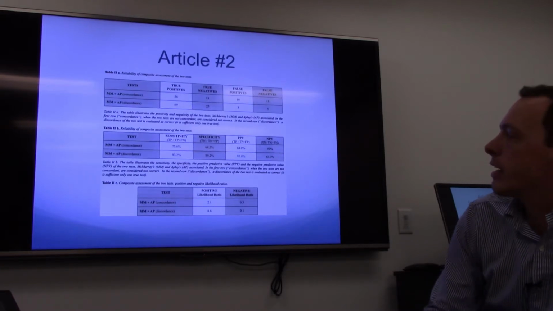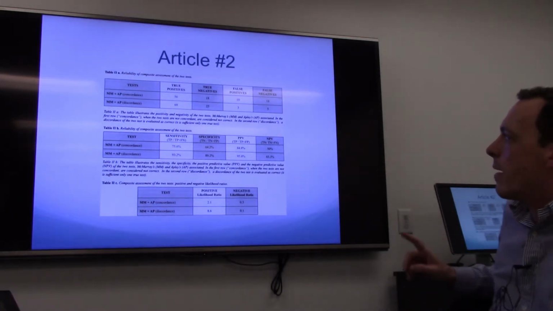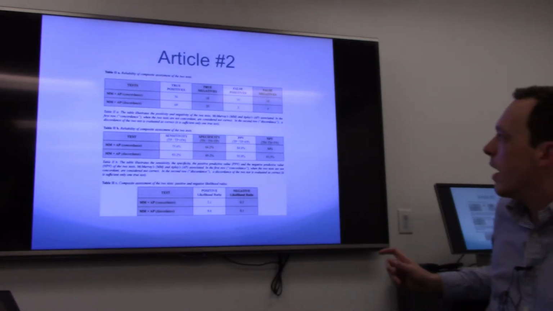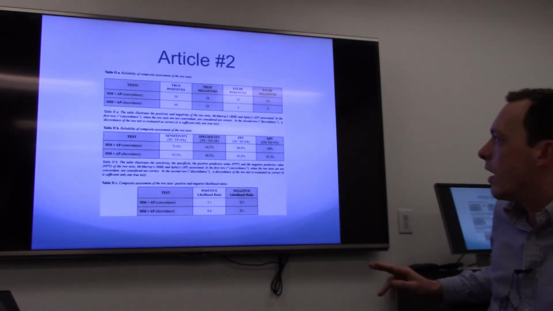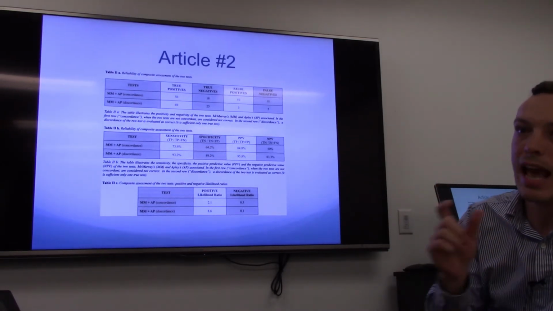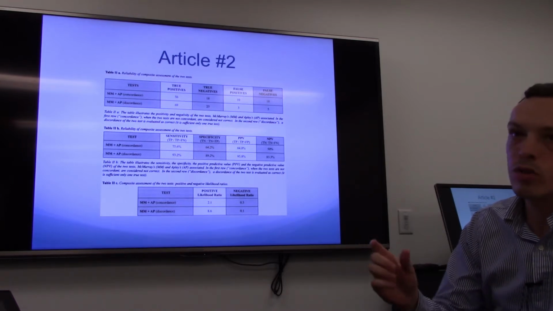And then they went on to basically combine the tests. So when they say MM and AP, that's McMurray's and Apley's tests. And then concordance means that it's an "and," so McMurray and Apley's, so either those 2 were positive or those 2 were negative.